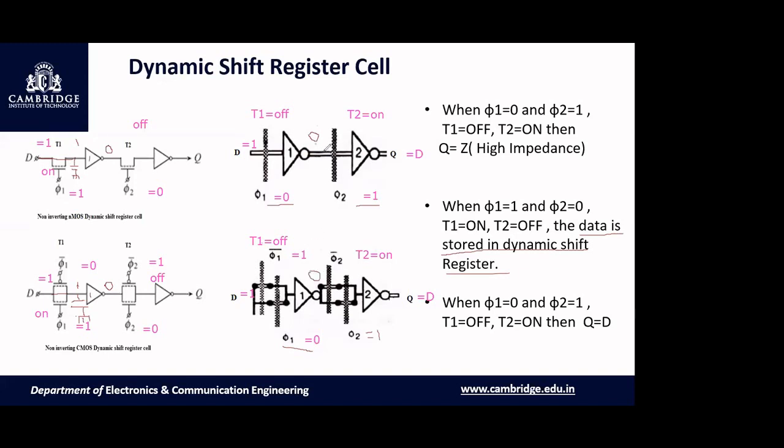Since T2 is on, your data will be propagated. That will be available at the input of the second inverter. The second inverter will be having 0, and that is inverted. You'll get D is equal to 1.